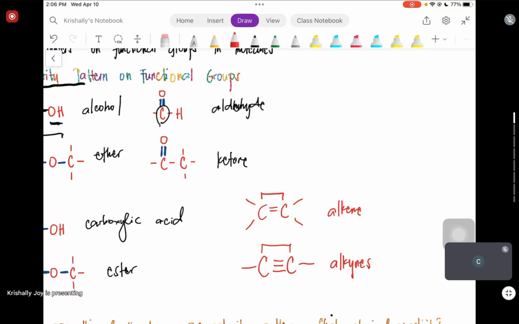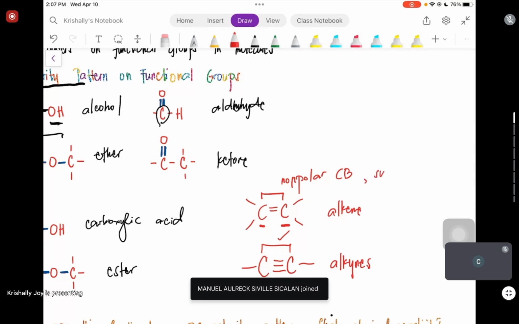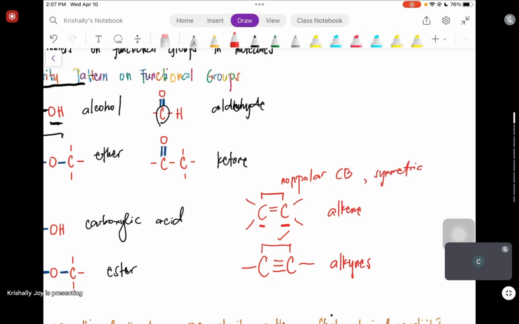Now observe that the type of bond that connects identical atoms, we call it a non-polar covalent bond. Same with the other example, the alkynes, that is also a non-polar covalent bond, because you only have identical atoms bonded together. There is an equal sharing of electrons between the atoms being bonded. So the characteristic here is symmetrical bonding, a non-polar covalent bond.